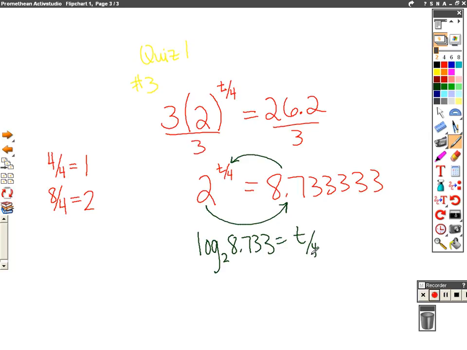Now, I can't just put in log with a base of 2, so I'm going to change this to log of 8.733 over log 2 equals t to the 4th.